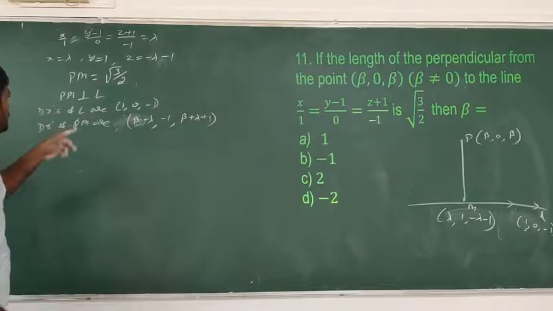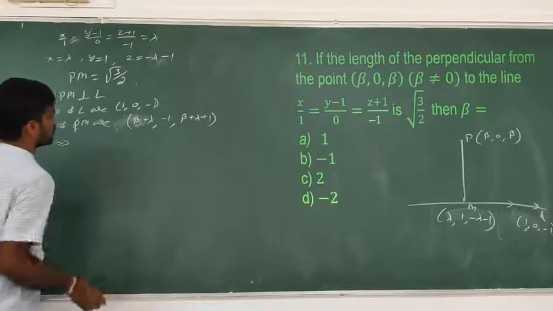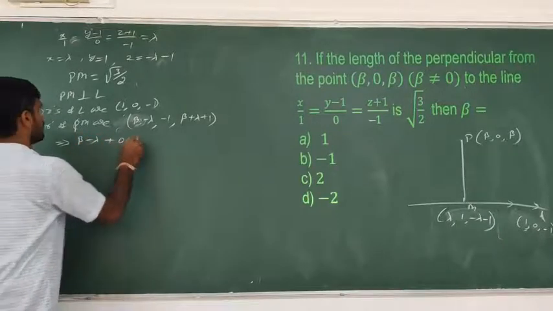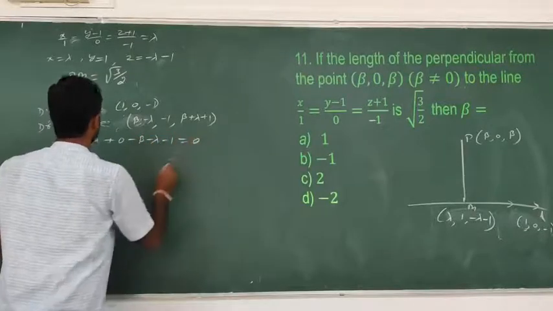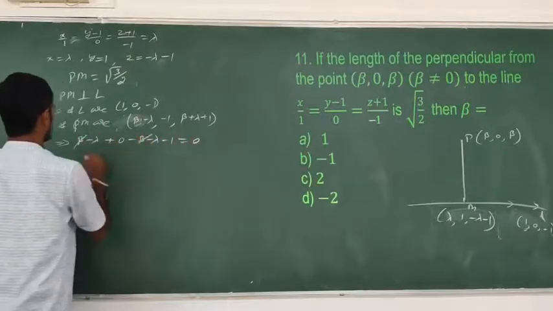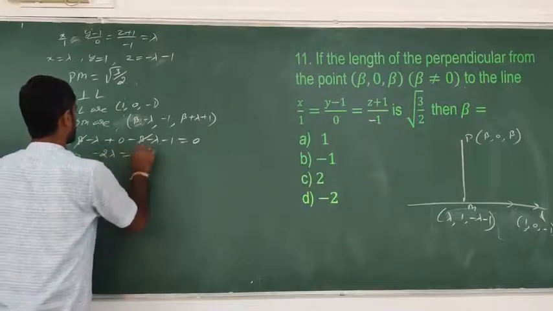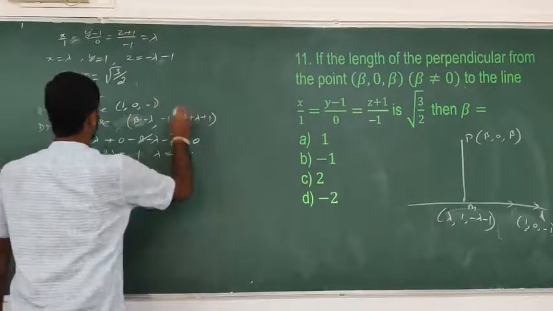So these two are perpendicular, which means their sum of product is equal to 0. That is (beta minus lambda) plus 1 into 0 minus (beta minus lambda minus 1) is equal to 0. Then beta minus beta cancels. So this implies that minus 2 lambda is equal to 1. Then lambda is equal to minus 1/2.